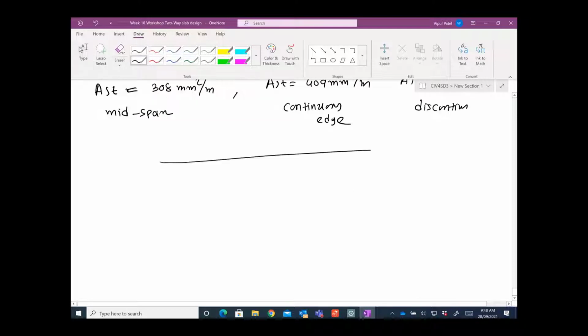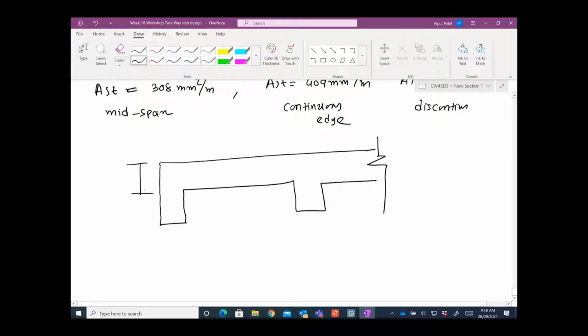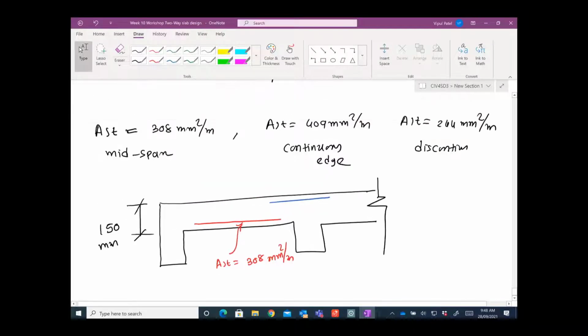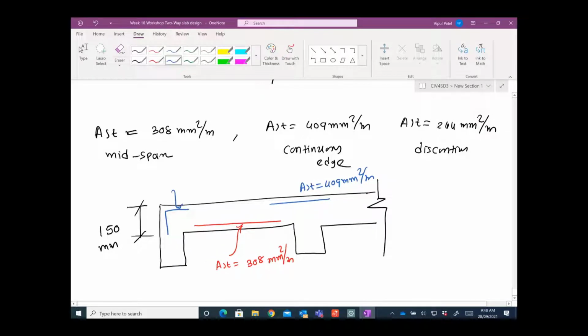If I redraw that slab again for your reference, this is your beam. This is your 150 millimeter thick slab, and in the x direction you are providing Ast at the midspan, the positive bottom bar, of 308 millimeters squared per meter. You are providing this top bar, Ast of 409 millimeters squared per meter, and here we change it to satisfy that condition, which is 244 millimeters squared per meter.